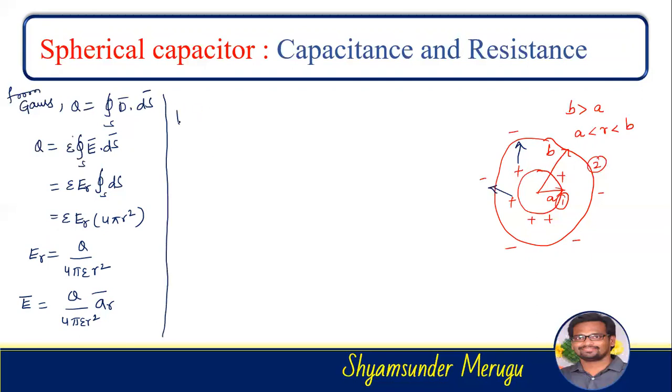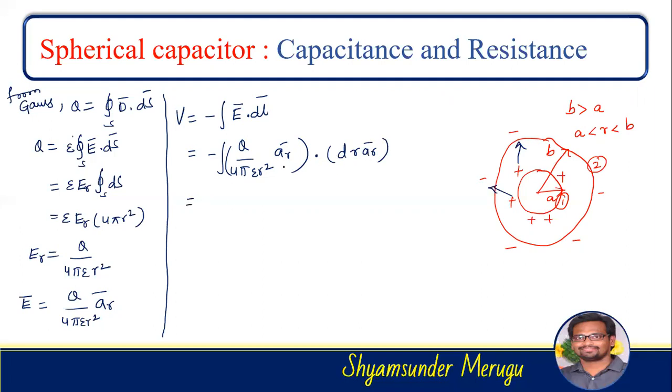Next step is we have to get the expression of V by using minus of integral E bar dot dl bar. We have the expression of E as Q by 4 pi epsilon r square a_R bar, and dl bar we are writing as dr a_R bar in the radial direction.